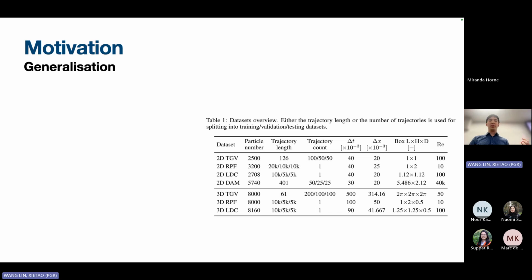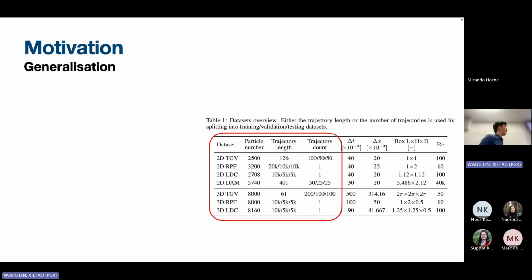If we delve into the literature, most of the data sets they use and the test environments are very similar. The training distribution is very similar to the test distribution. So it's basically just focused on the temporal coarsening, but not so much on the scaling part of the problem.